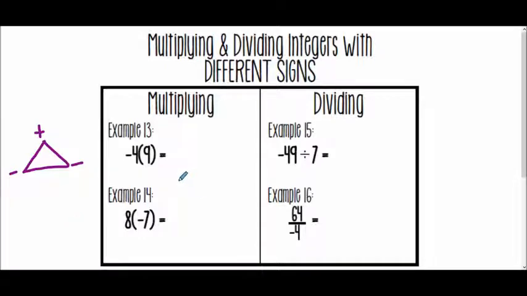So I really like to use this triangle. Here I have -4 times +9. So I'm dealing with a negative times a positive. What sign is left? A negative. So a negative is definitely going to be our answer. Then I need to look for 4 times 9.